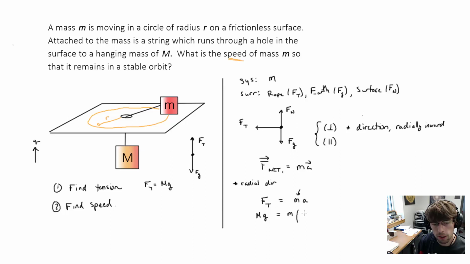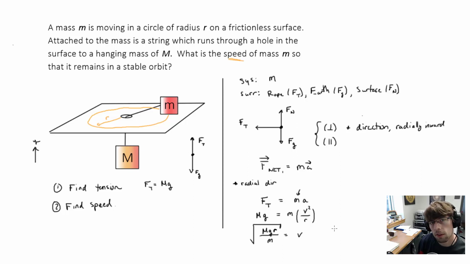And I'll substitute in our definition for the centripetal acceleration. We're told that we're moving in a stable orbit, a circle. So we do a little bit of magic. We get the square root of big M times g times r divided by little m is equal to our speed.